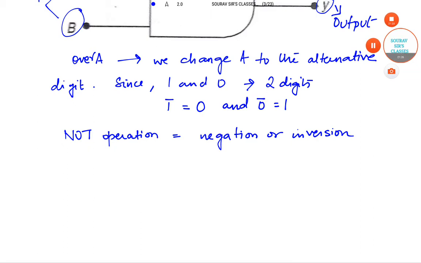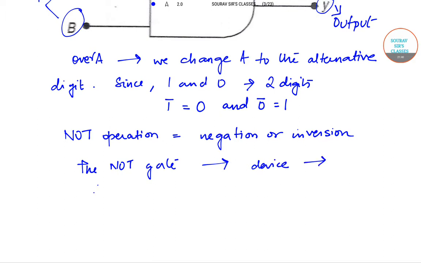Now the NOT gate is a device which inverts the inputs, isn't it?